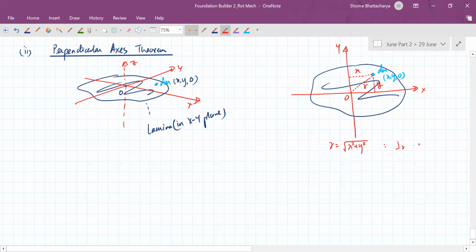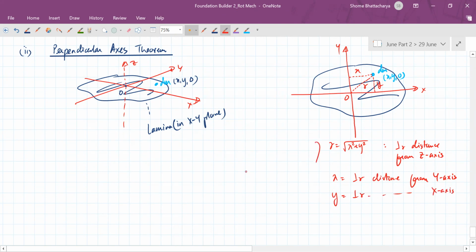That is the perpendicular distance from z-axis, whereas x is the perpendicular distance from y-axis, and y is the perpendicular distance from x-axis, for particle dm located at a general coordinate like this. Okay, so our moment of inertia about the x-axis becomes integration y squared dm.